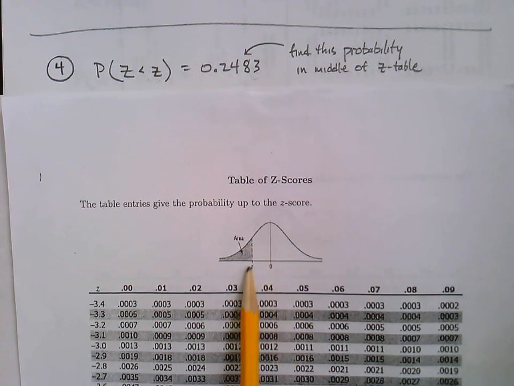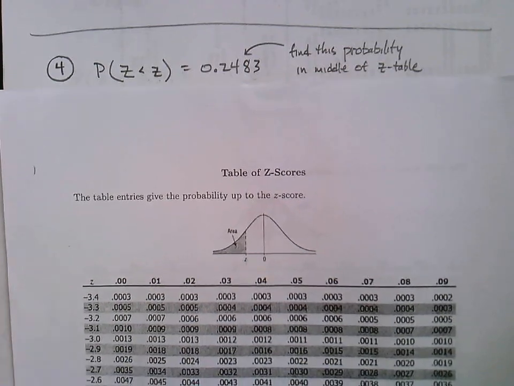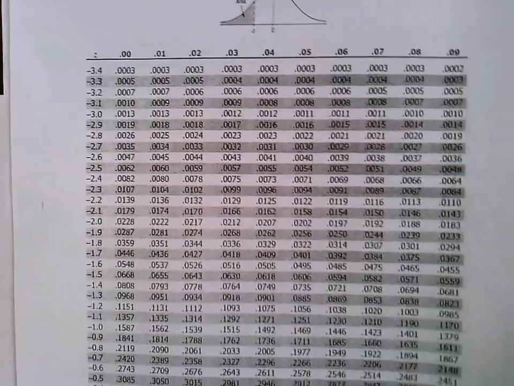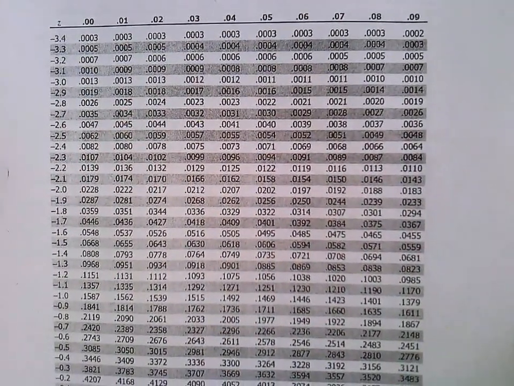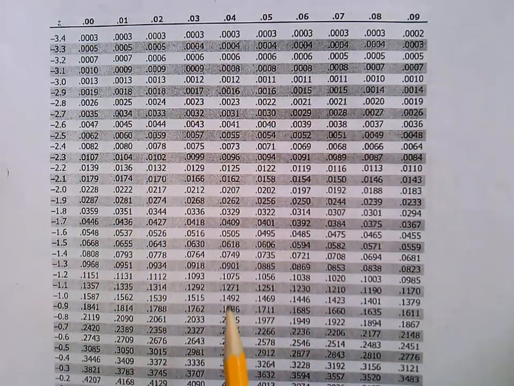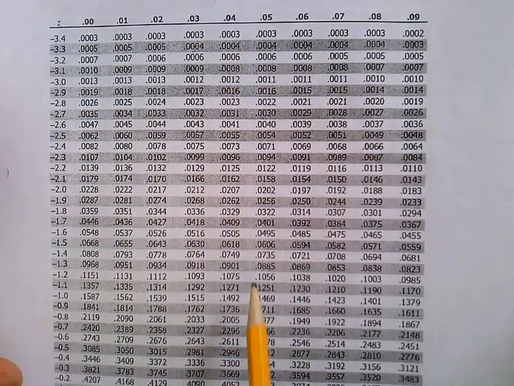So we know that we are on the left side of 0. We're in the negative when it comes to the z-scores. So that will eliminate half of the possibilities. And then there's really no strategy I can give you from there. Just start hunting in the middle of the table for that number, 0.2483.